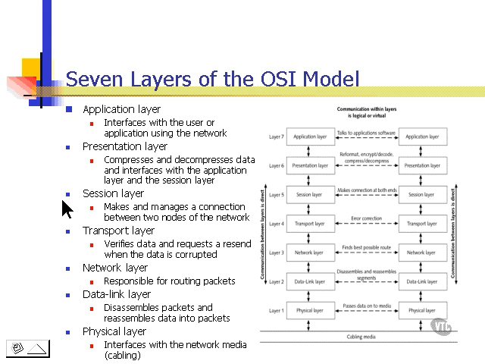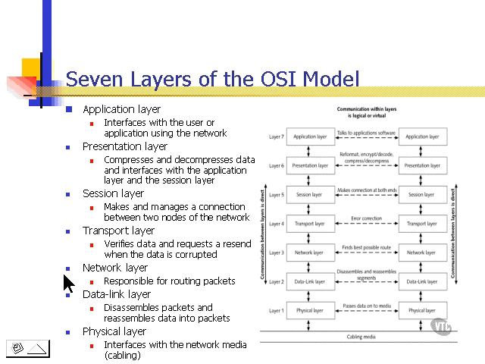The session layer makes and manages a connection between two nodes on a network. So the session layer sets up the session. The transport layer verifies data and requests a resend when data is corrupted.